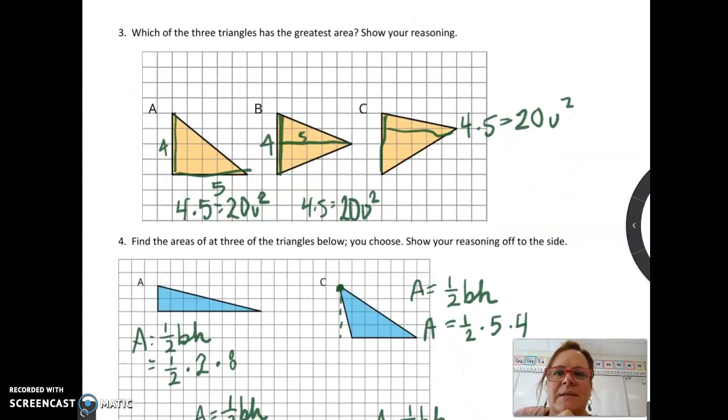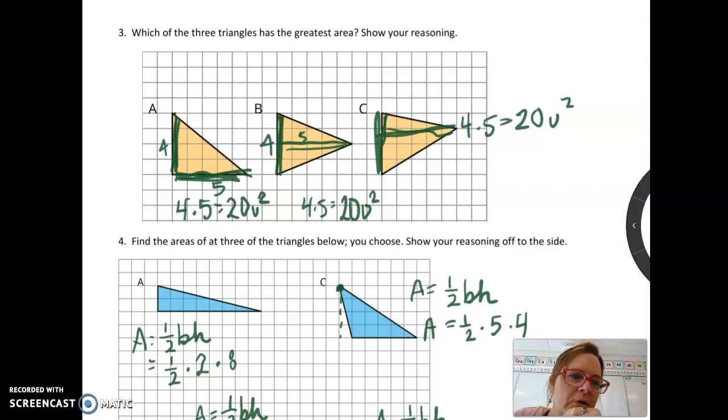In number 3, we have to decide which of these triangles has the greatest area. What you're going to find when you look closely at these is that they all share the same base height pair. So they all have a 4, 5 pair. And that means all of them, if they were a parallelogram, would have an area of 20 square units.